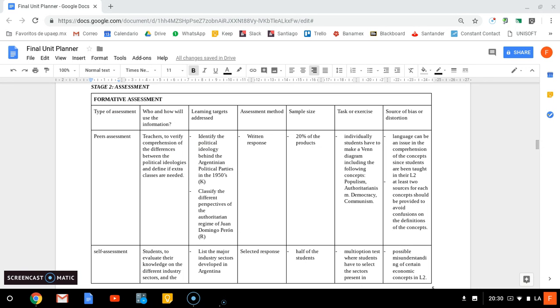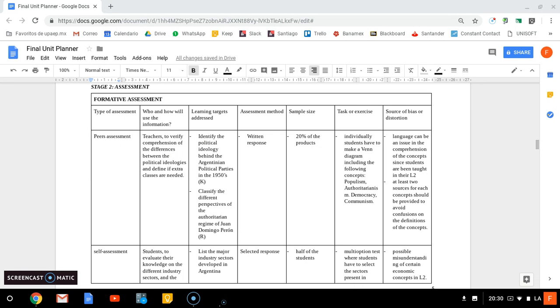As you already know, summative assessment is focused on the final products of your students, and then you can get information to grade the performance. And the formative assessment is not necessarily graded, but it is marked and helps you to keep track of your students' performance. Then you have to be clear about who and how will use the information that the assessment provides.